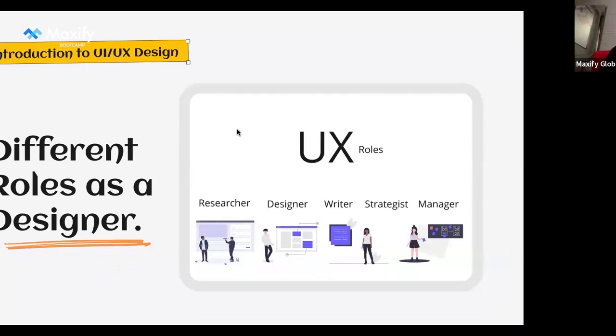You can actually be a UX researcher or a UX designer or a UX writer or a UX strategist, or a UX manager. These are 5 career areas that you can decide to focus on in this UI UX design career.